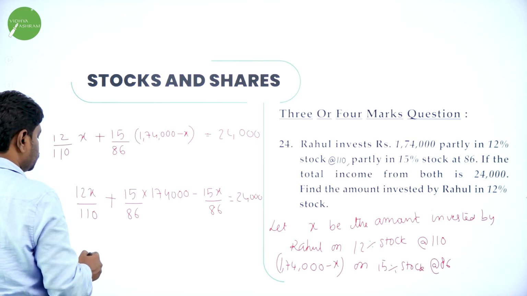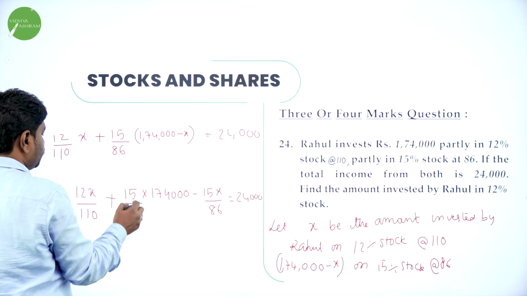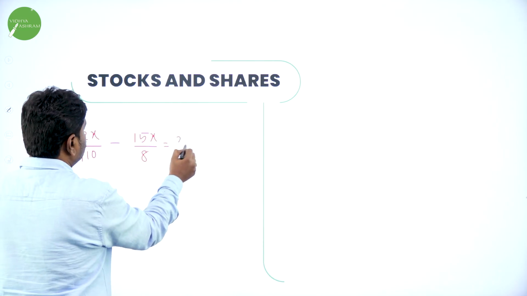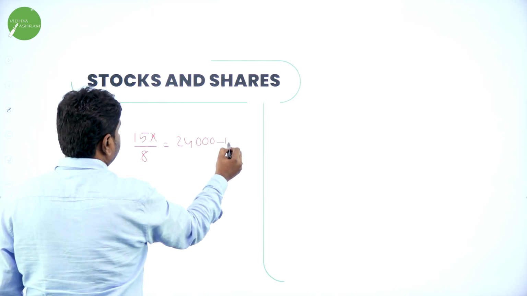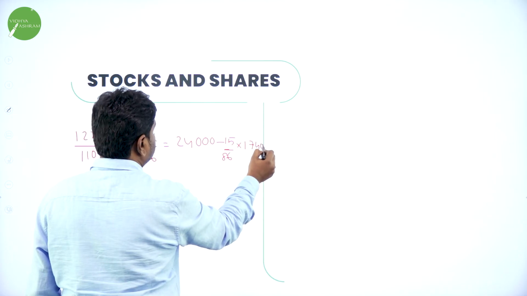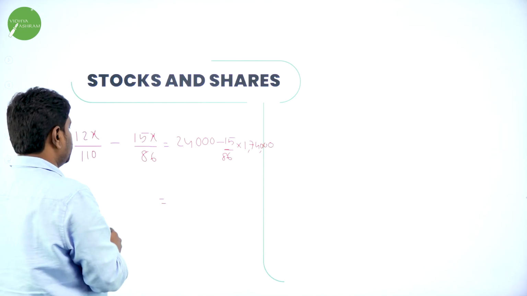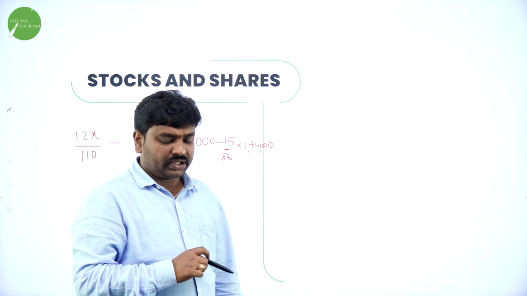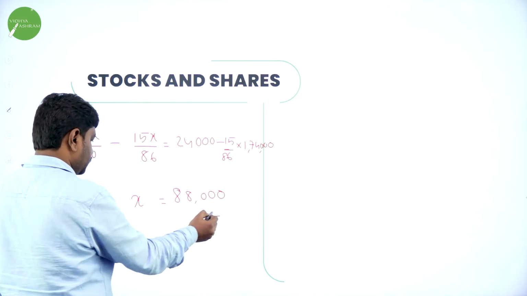Rearrange this and retain the x terms. 12x by 110 minus 15x by 86 is equal to 24,000 minus 15 by 86 into 1,74,000. Now simplify the whole part, take LCM and use a calculator to get the x value. After rearranging and solving, you will get 88,000 rupees for stock 1.